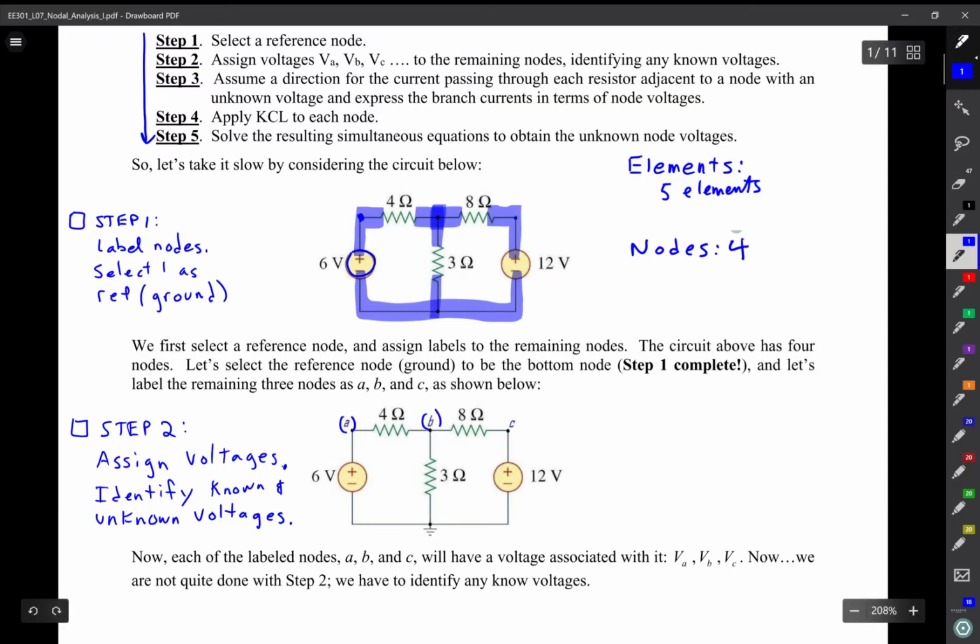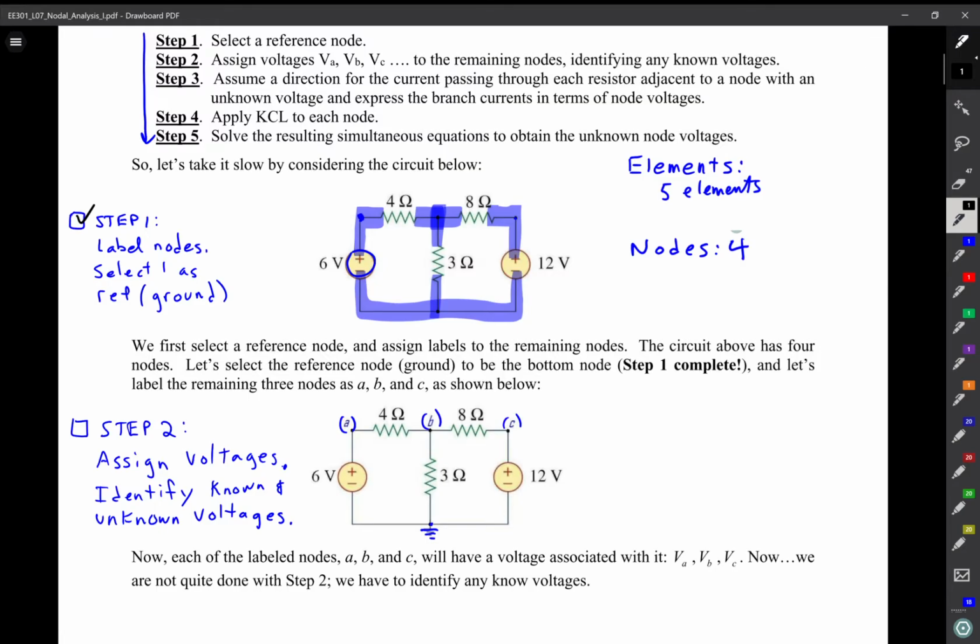I have B and I have C, and I also want to select one as ground. So A, B, and C are nodes, and the ground node is down here at the bottom, and I'll label that with the symbol for ground. And I'm done with step 1.